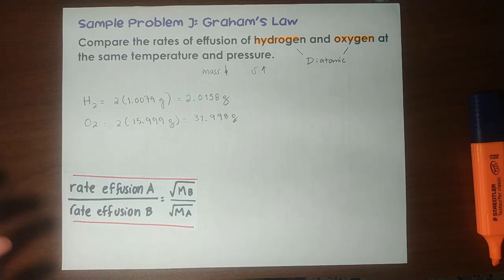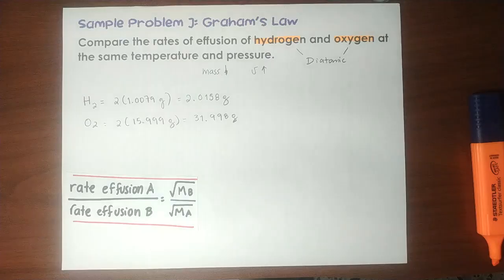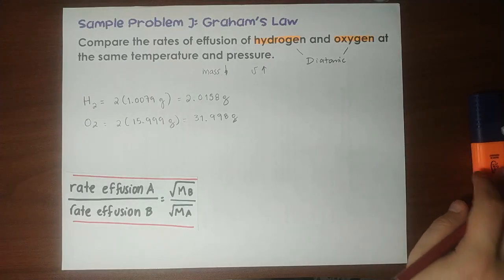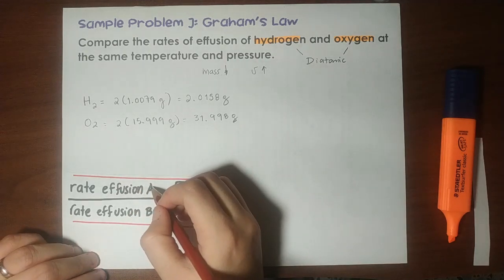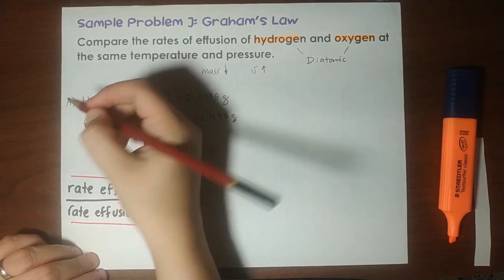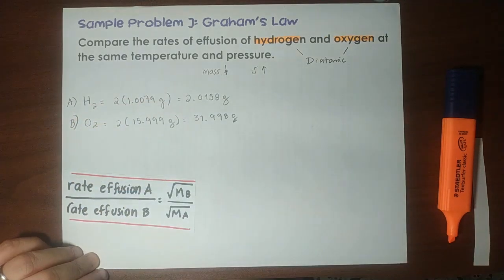Now let's take a look. I will compare both of them. For this exercise, I am choosing my gas A to be hydrogen and my gas B to be oxygen.